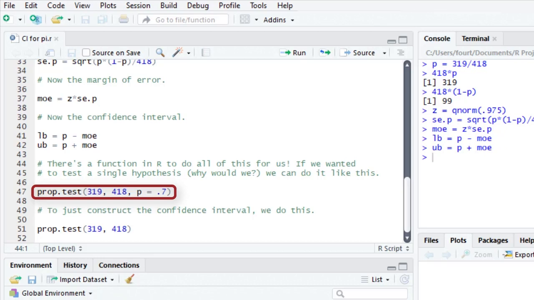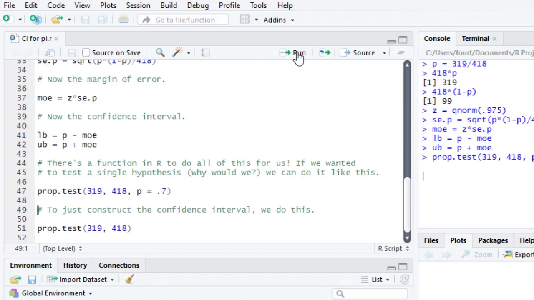We put in as the parameters for prop.test the number of people who were successful in keeping off the weight, 319, and by the way, it doesn't matter if you put in the 319 or the 99. We put in 418, the sample size, and then if we're testing a single hypothesis, we provide that hypothesis. In this case, I'm going to test that the population proportion is 0.7.